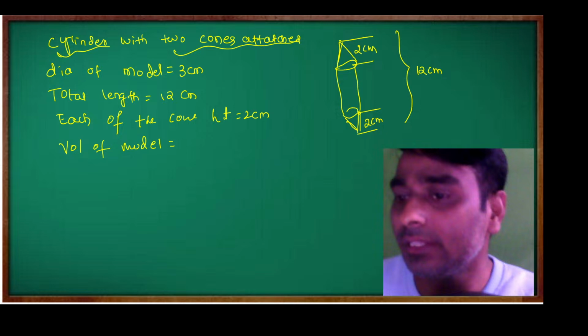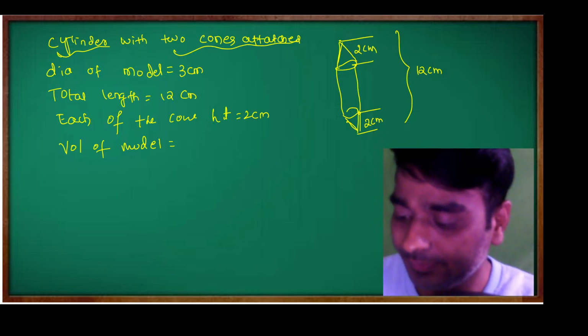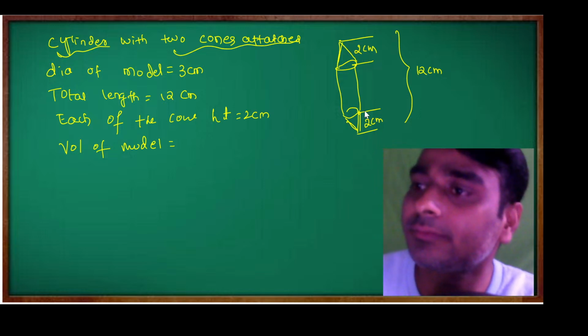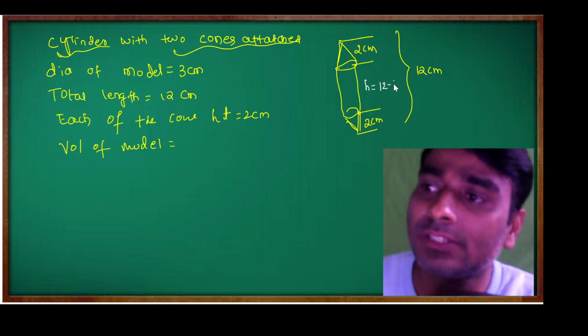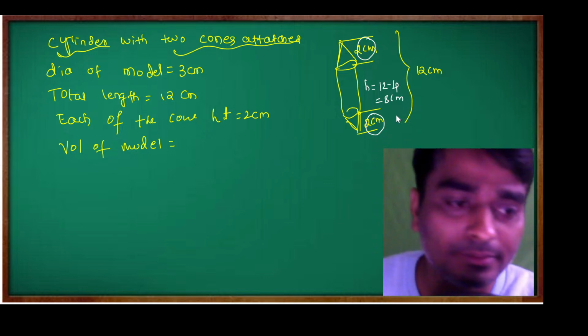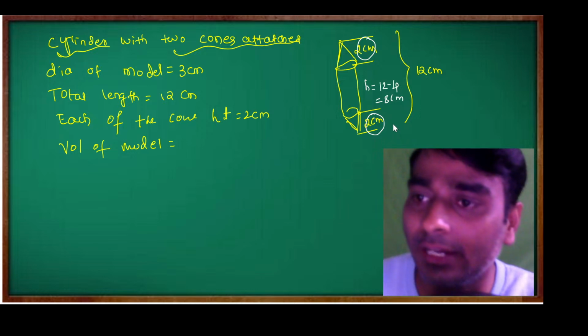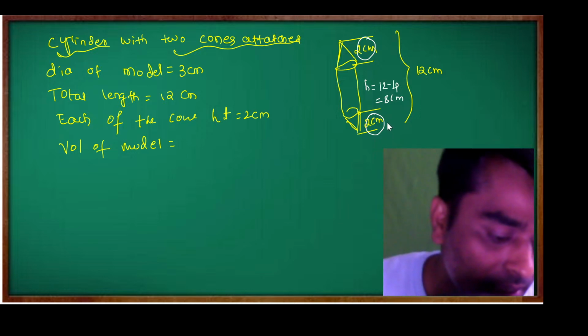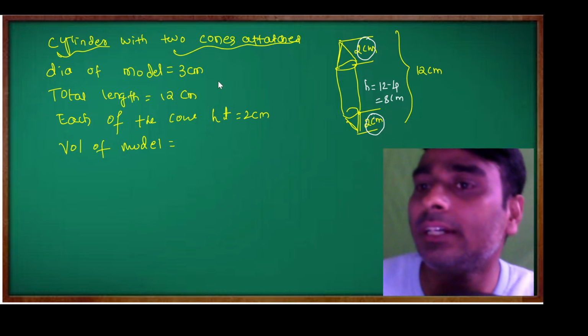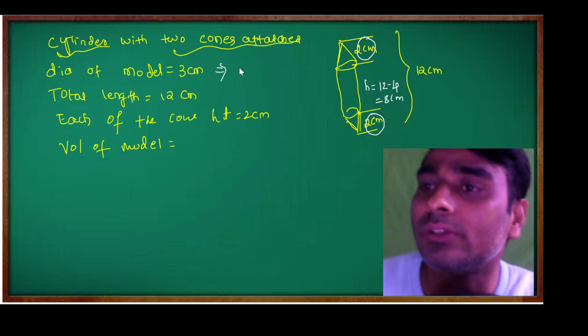Then what will be the height of the cylinder? Only the height of the cylinder. Here this will be 12 minus 4, which is 8 centimeter. How did I get it? I left 2 centimeter upper and 2 centimeter lower. After getting this, dia is given, convert this into radius.